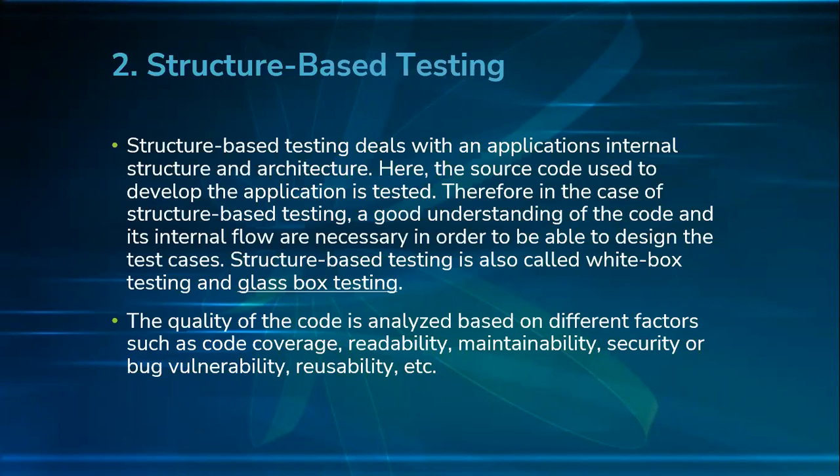Mainly at this phase, we are drifting and delving into automation testing. Therefore, in structure-based testing, a good understanding of the code and its internal flow is necessary in order to be able to design the test cases. So you can see how test cases come into play now.